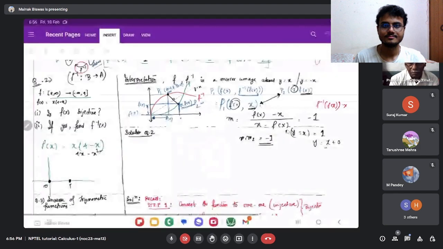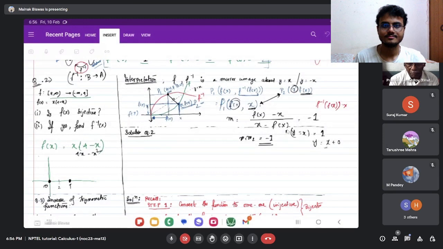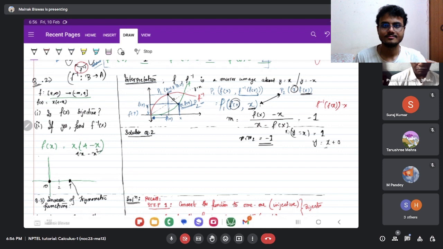We discussed that anything above 4 would be negative here, because 4 minus x is less than 0 for x greater than 4. So it's negative. Anything less than 4 and greater than 0 is positive.